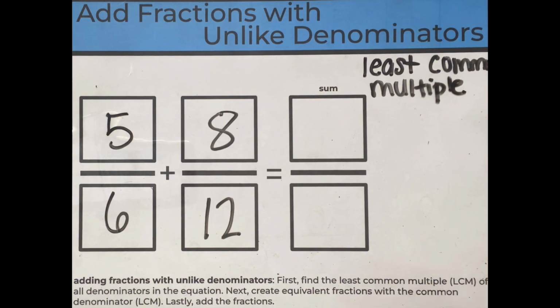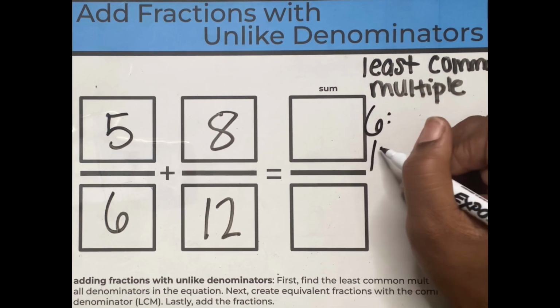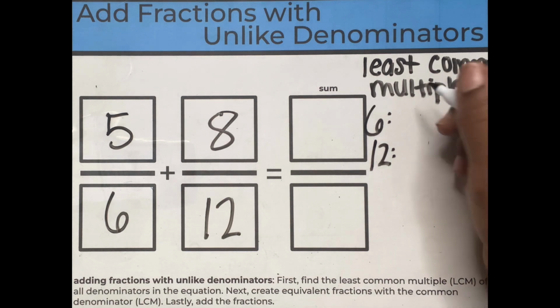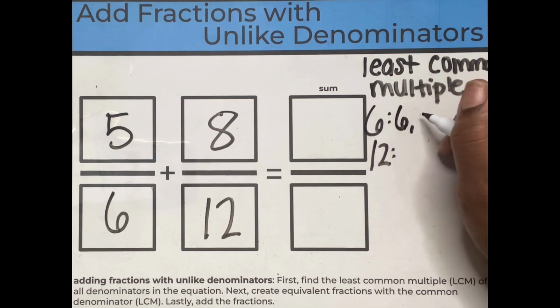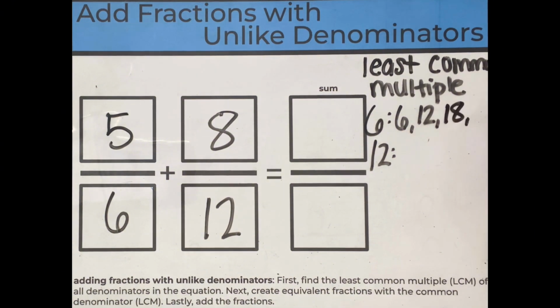We're going to do that by taking our denominators, the 6 and the 12, and listing their multiples. The multiples of 6, let's list those. 6, 12. 6 times 3 is 18, 6 times 4 is 24. Honestly, we can stop because we've already found the one that they have in common.